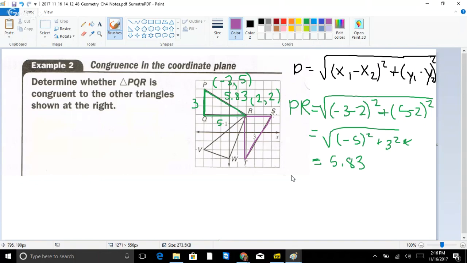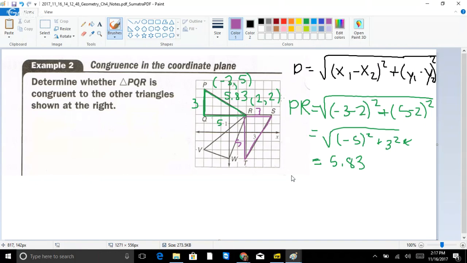The distance between R and T is 1, 2, 3, 4, 5. So far so good. 3 and 3 match up and 5 and 5 match up. Now I have to see if this side over here matches up. If I can show that ST is 5.83, then all three of my sides are congruent to each other, and therefore the two triangles are congruent.